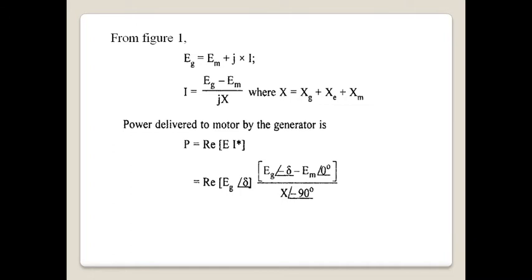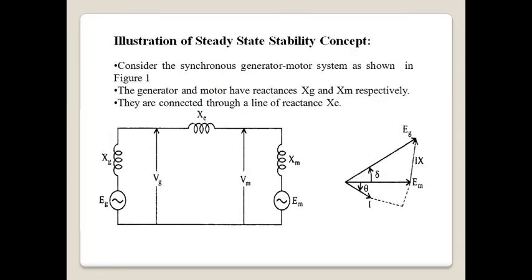Lossless system means we have considered resistance as zero or negligible, negligible line resistance. So R is equal to 0, and we have considered only X. There is no R, so we have neglected the transmission line resistance.